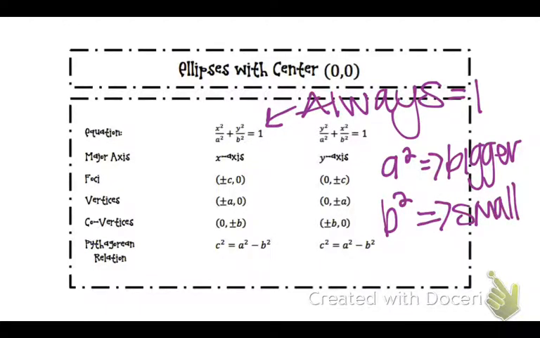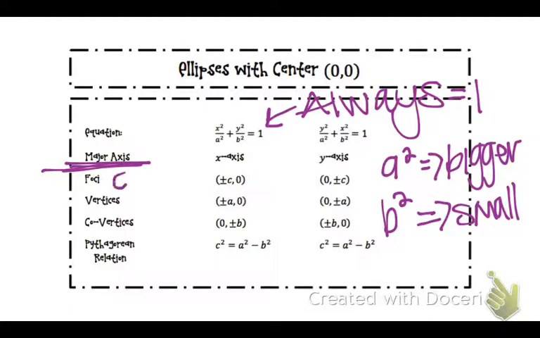The major axis is whichever variable is over the bigger number. If it's x squared over the bigger number, that's the major axis. If it's y squared over the bigger number, the y-axis is the major axis. The foci are your C values.